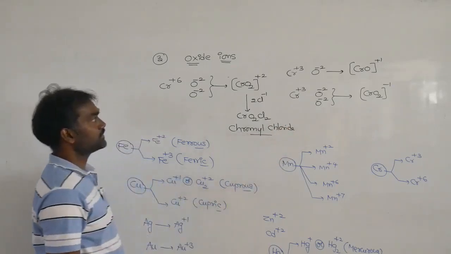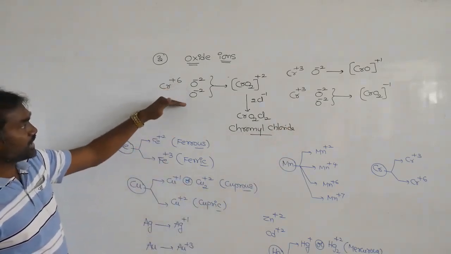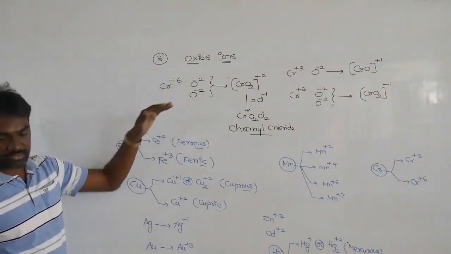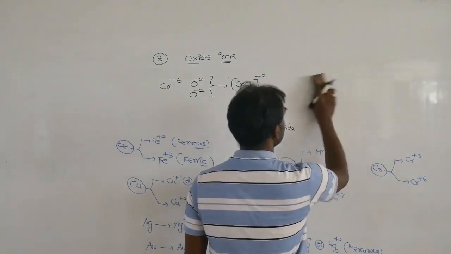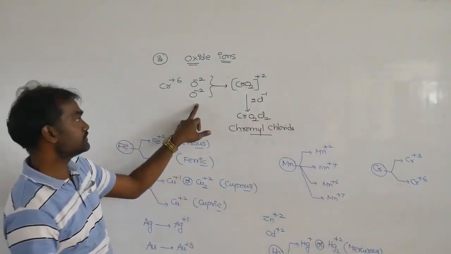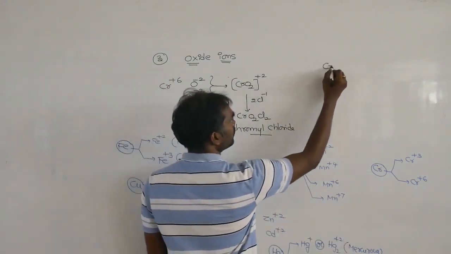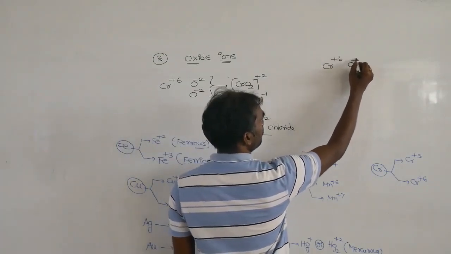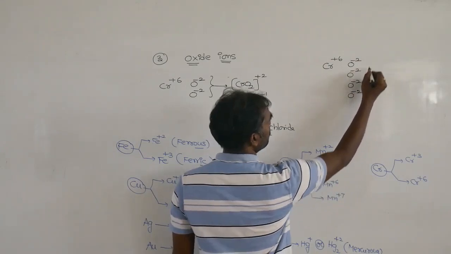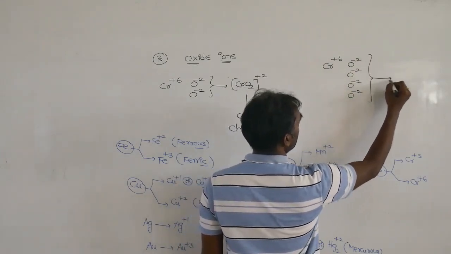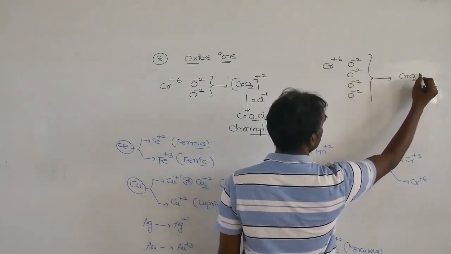So next, more oxygens than this oxidation state you can add. Suppose I am adding 4 oxygens. Then what happens? Chromium +6, 1, 2, 3, 4. Then CrO4.